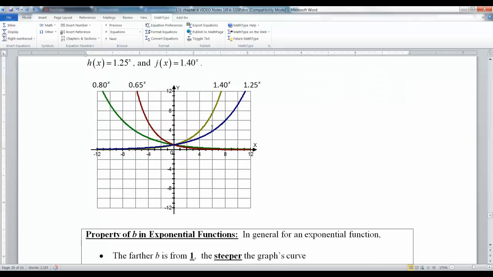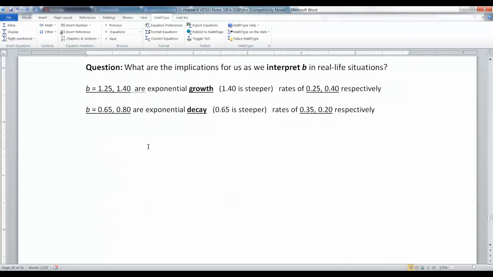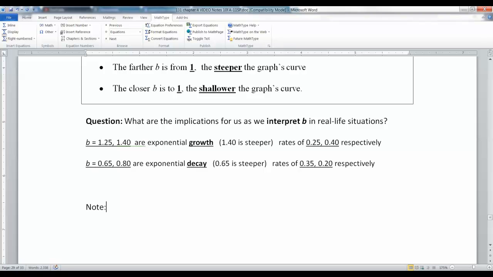Right? Okay. By the way, just on a side note, if you wanted to go from the steepest of all 4 graphs to the least steep, shallowest, actually, let's do the reverse. Let's go shallowest to steepest.